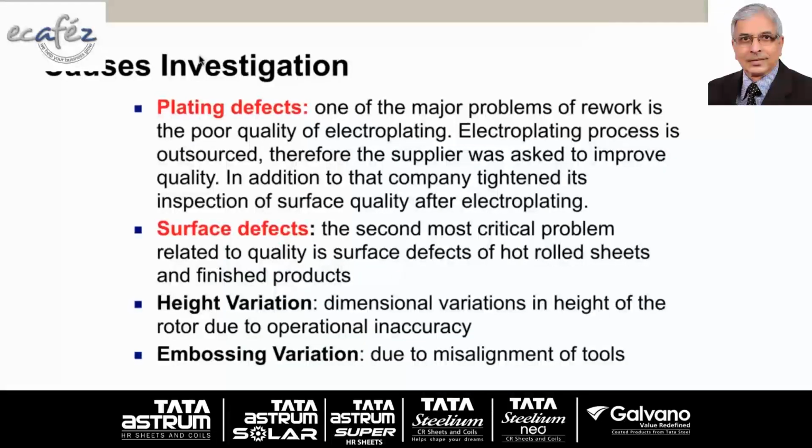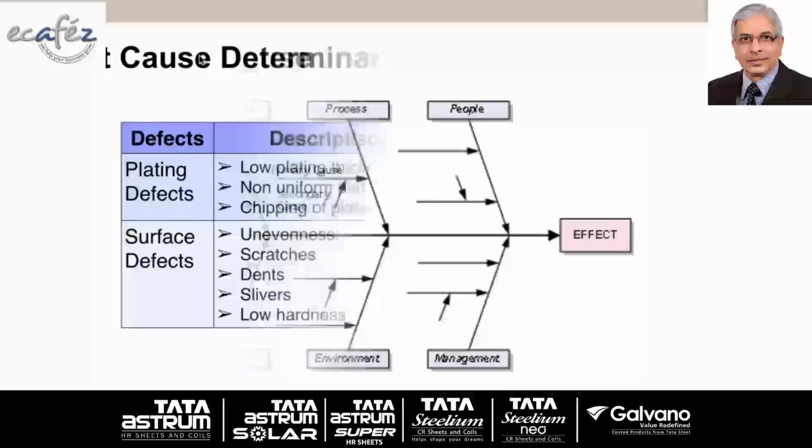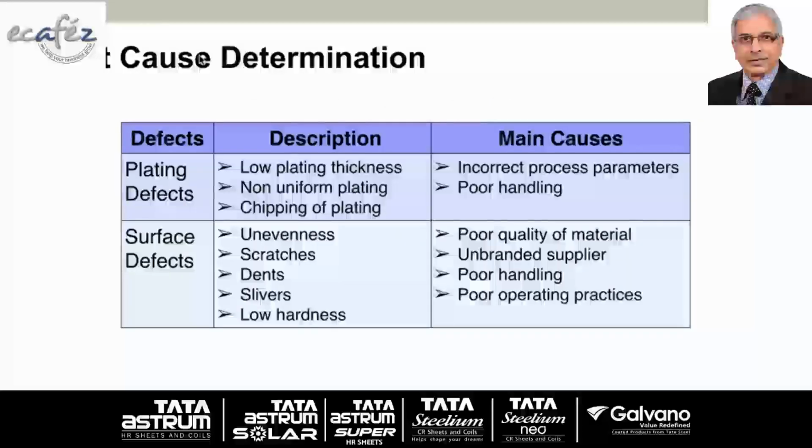Height variation is the dimensional problem, variation in height of the rotor due to operational inaccuracy. So the tools and dies were accurately used, and the inspection was tightened so that it is accurately measured. Embossing variation was coming due to misalignment of tools. So the problems were identified and actions were taken. The analysis was done and root cause was determined.